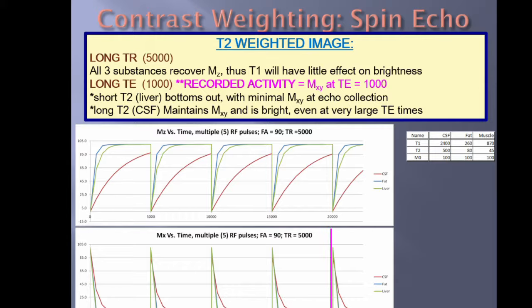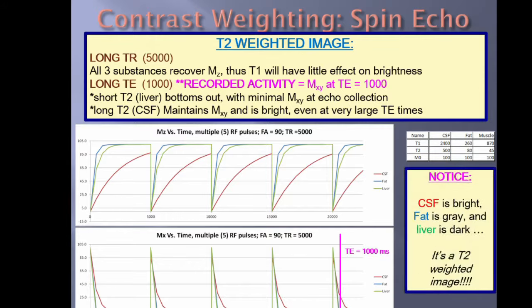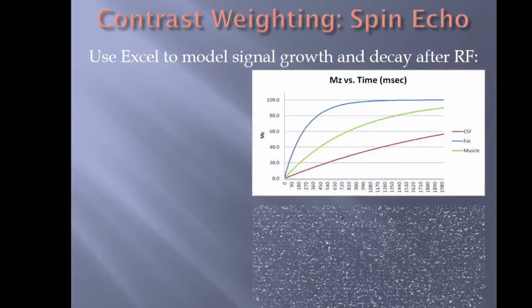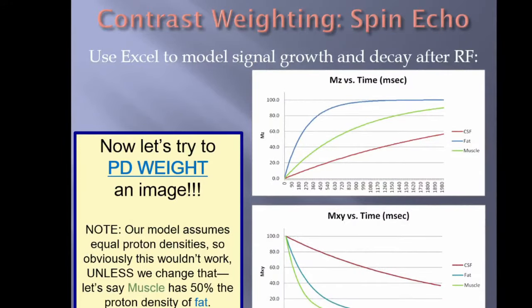And then if we wait for a longer TE, let's say 1,000 milliseconds, which on the scale of 5,000 looks about the same distance, that's appropriate. When you use a TE of 1,000 in this case, the CSF is going to be bright, the fat is going to be gray, and the liver is darker than the fat. That's a T2 image, right? It works. Math works. That's why I love math. I know no one else loves math in this room, but I love math.